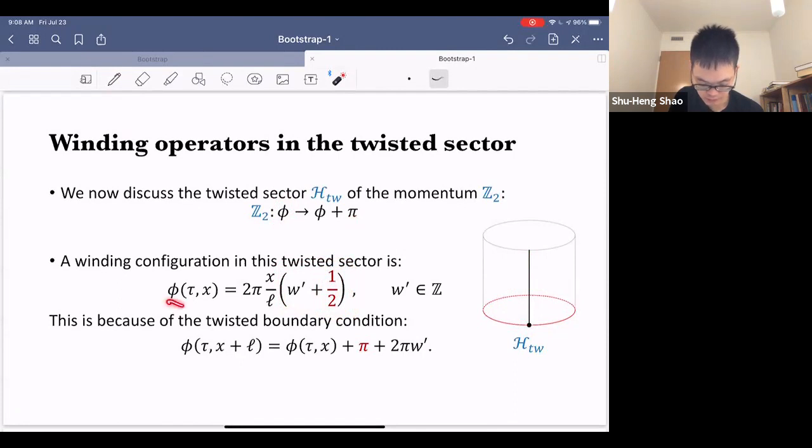This is because if you take this configuration, you shift x by the circumference of the spatial circle, then you get an ordinary 2 pi periodicity, but you get an additional shift. And this additional piece is precisely what the Z2 momentum twist is doing.